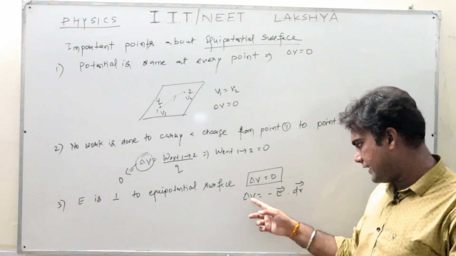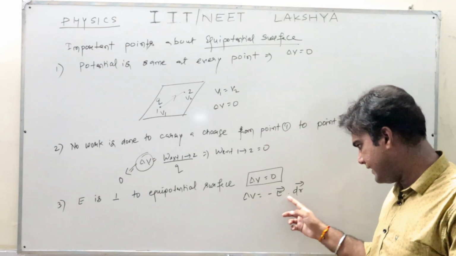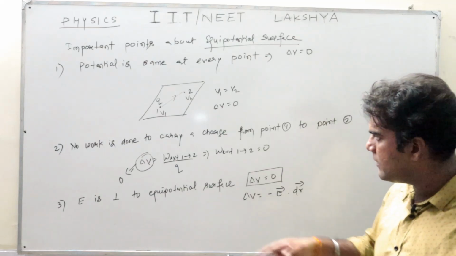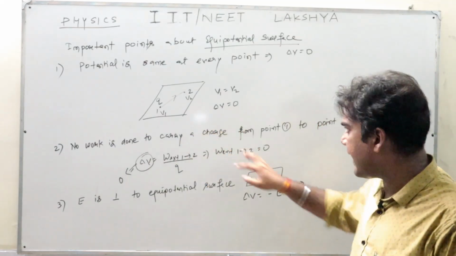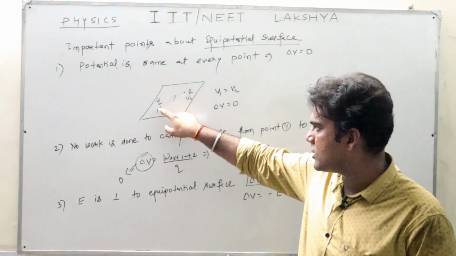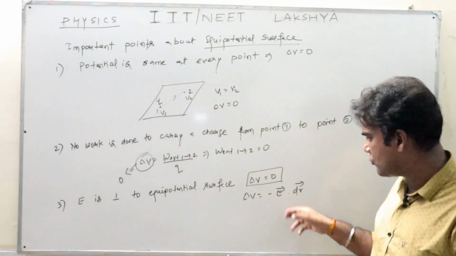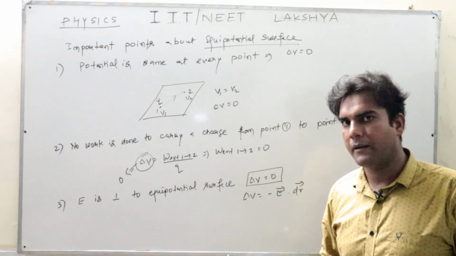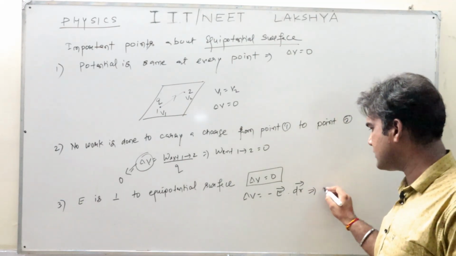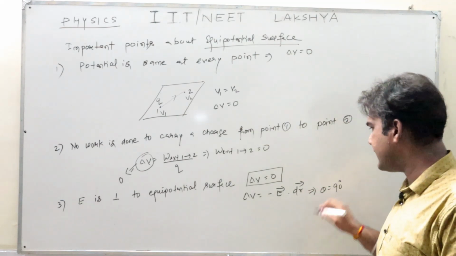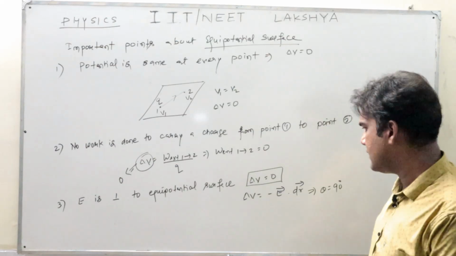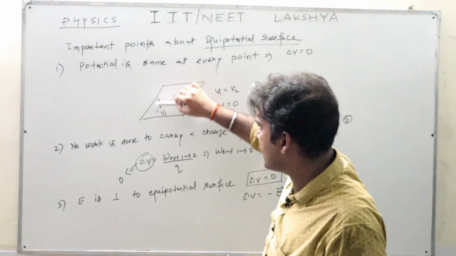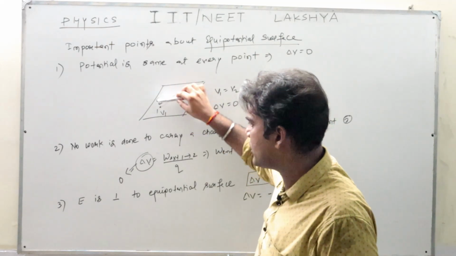Now if you see carefully, delta V is equal to minus E dot dr. Electric field is not 0, and dr is also not 0. dr means the distance between point 1 and point 2, that is also not 0. But E dot dr means E dr cos theta. So obviously theta should be how much? 90 degrees.